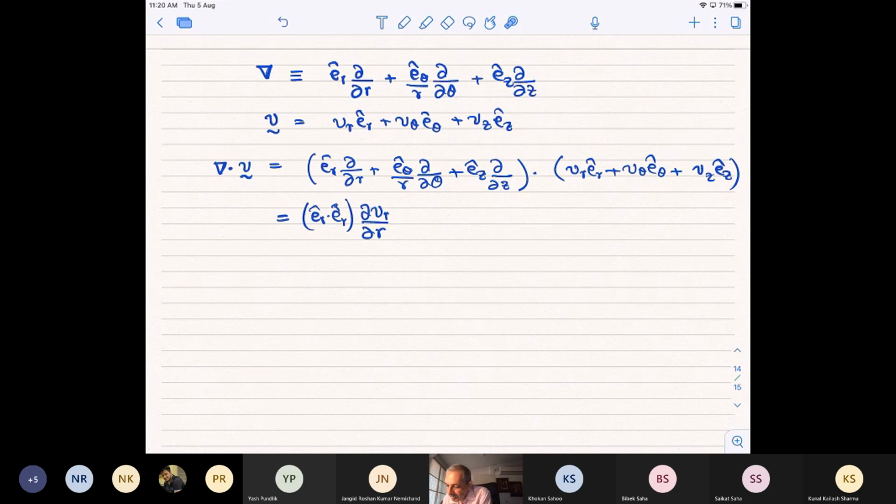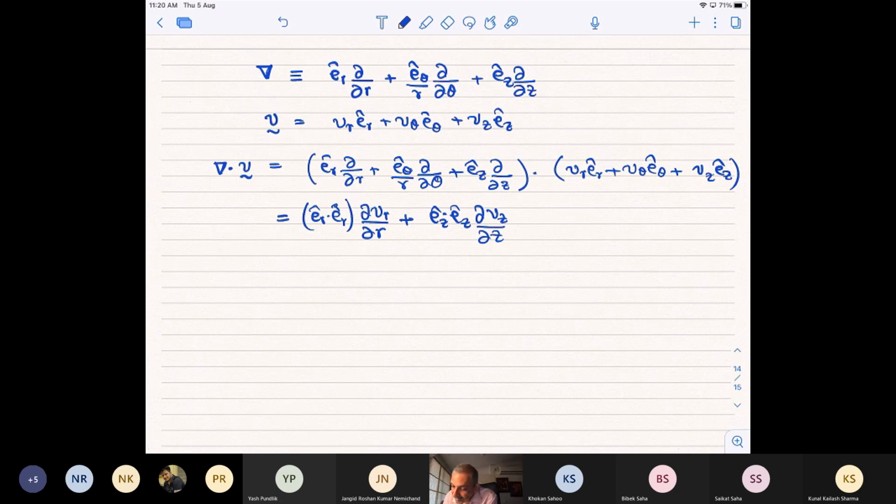Here again is the same thing. This dot product will be 0, this dot product will be 0, and this dot product will give you 1. So for the last one, again I have just EZ dotted with EZ del VZ by del Z. So these two are straightforward.